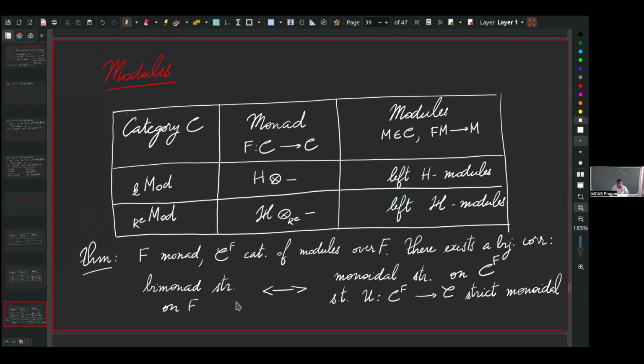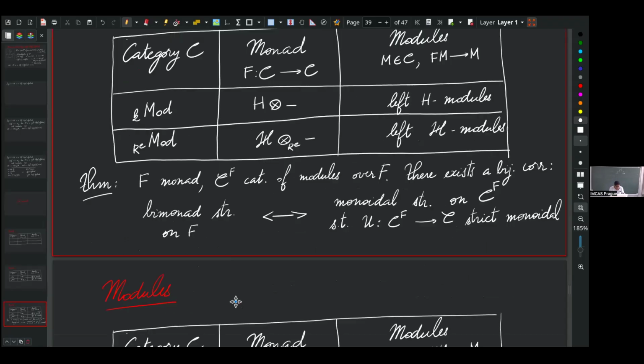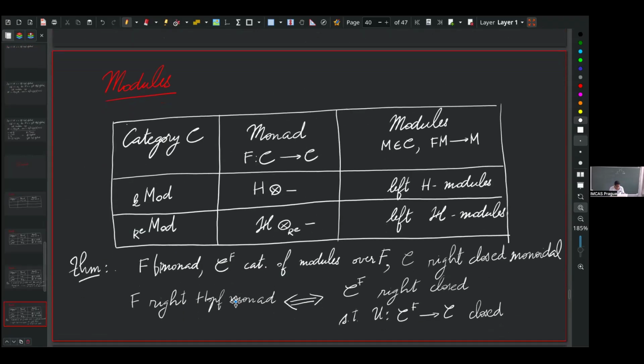So there is a bijective correspondence between the bimonad structures on F and the monoidal structures on the category of modules, which is obtained from lifting the monoidal structure on C. And given a bimonad, being Hopf also has a categorical interpretation.